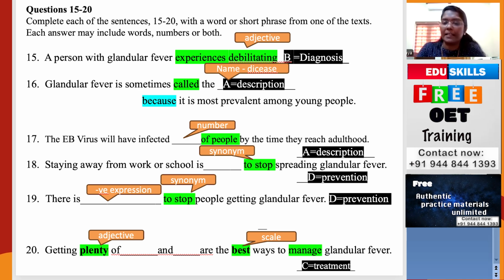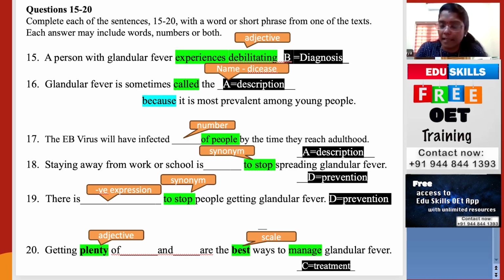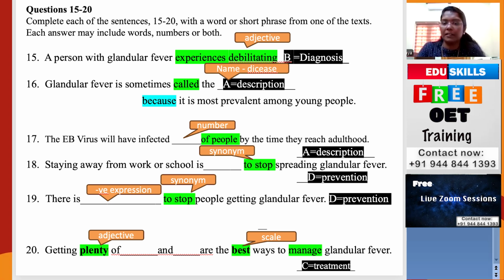Plenty is the adjective. Lots of fluids. Lots is the adjective. Then in the next line we can see contact sports and heavy lifting. Contact is the adjective and at the same time the name of the sports, so it is included in both categories. So you have to underline that.